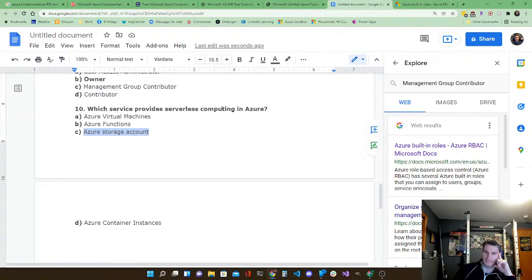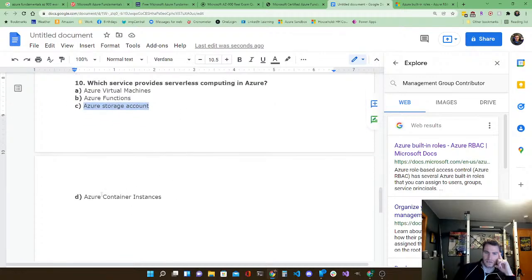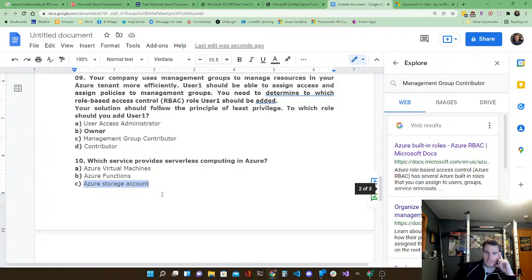That's the other thing, it's not serverless computing. Container instances, there is kind of the server part in the container, like the guest OS that's in that container. So it's not really seen as serverless. So Azure Functions is what we're going with.